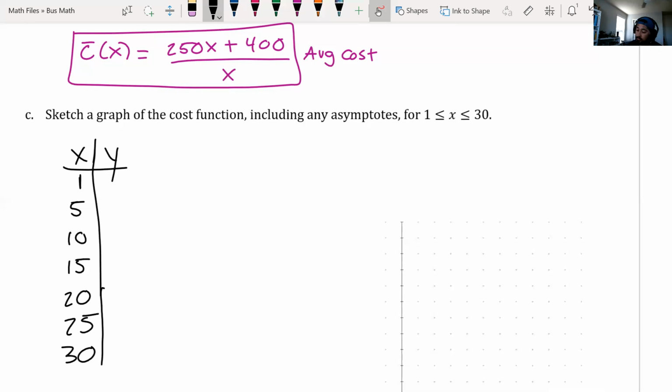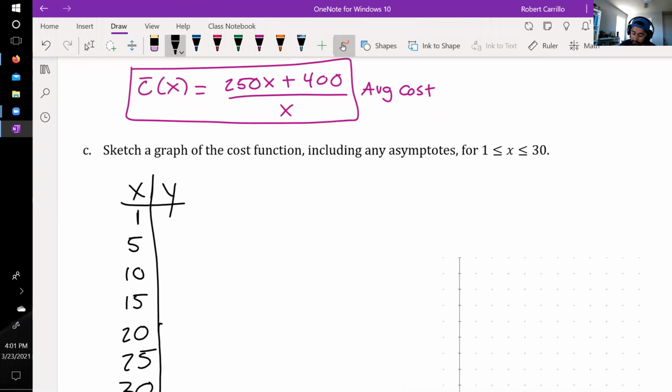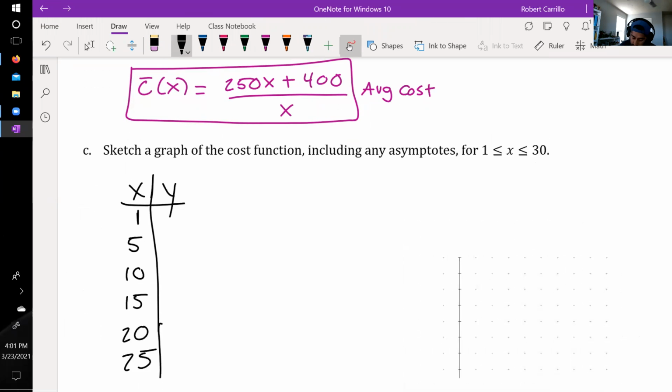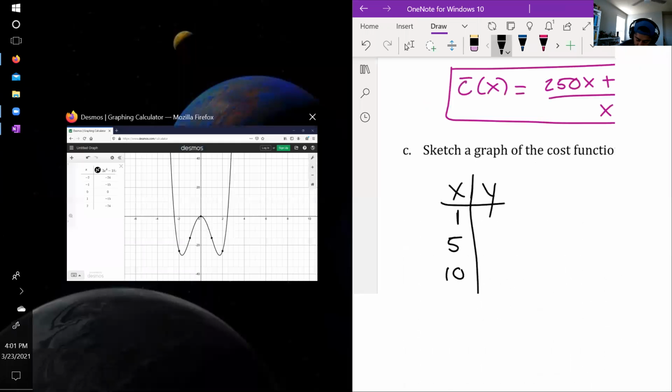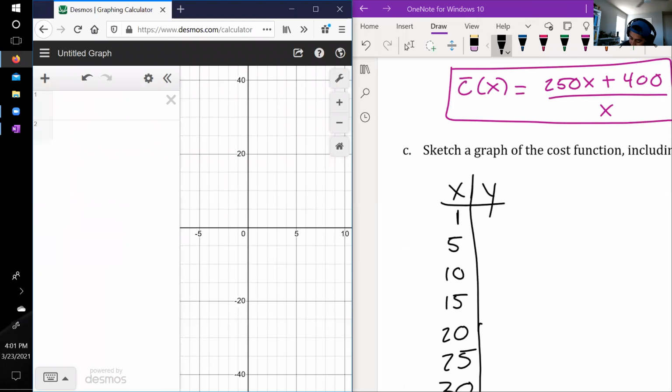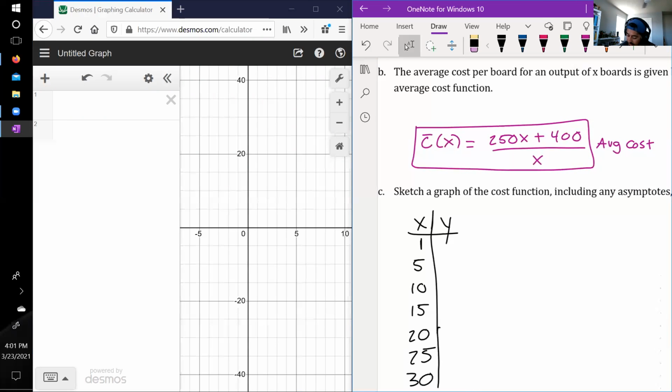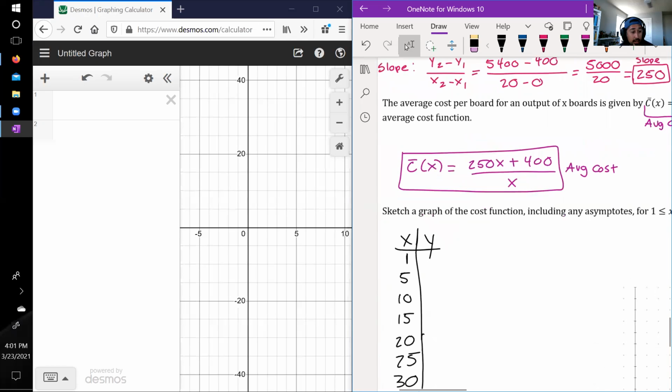Okay, and now I'll go ahead and use Desmos, our best friend. All right, so we're sketching the average cost function.